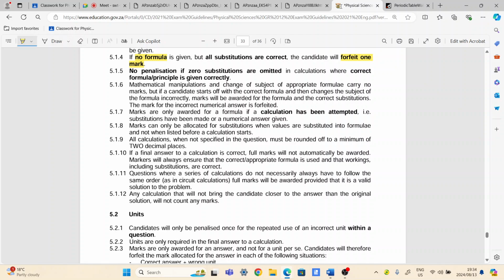And again, marks will only be awarded if a calculation has been attempted, right? So if you don't know how to calculate a question but you put down a formula and you put down a substitution, just write down an answer. Even if you're writing down the completely incorrect answer, just write it down. You could still get marks for a formula and a substitution. Okay.